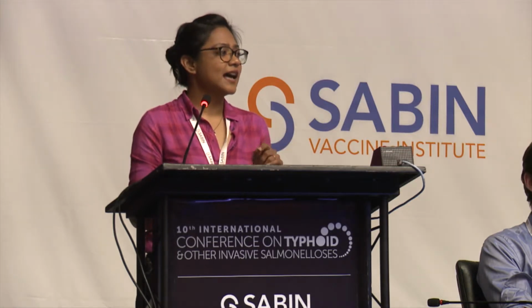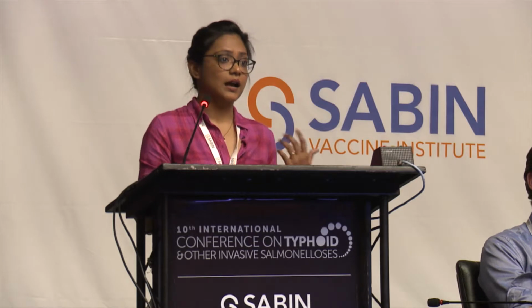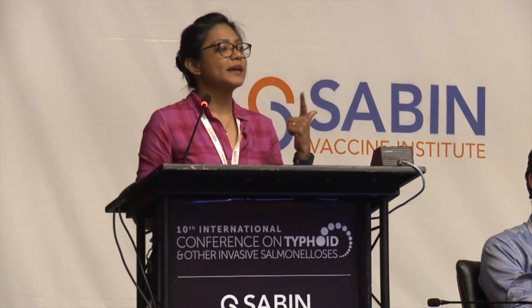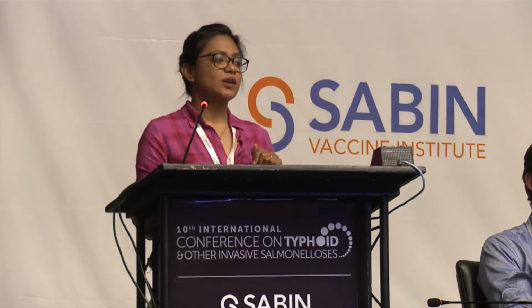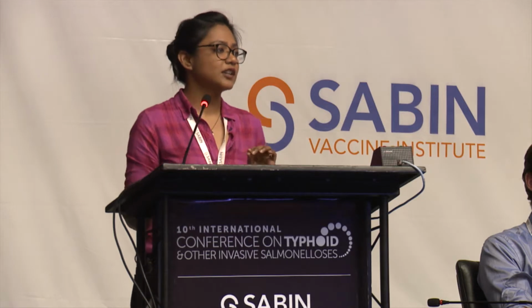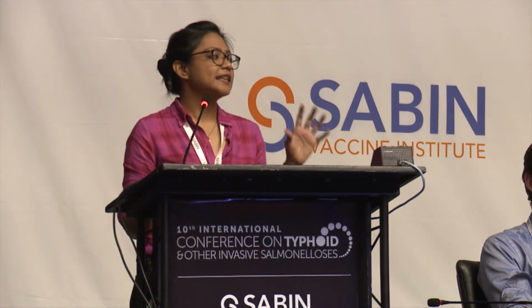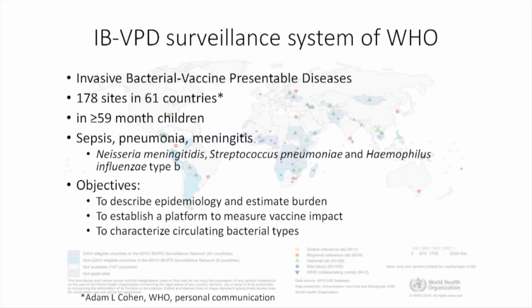Now, having said that, WHO runs a global surveillance network called the Invasive Bacterial Vaccine Preventable Disease Surveillance Network, or IB-VPD. The network is run in 61 different countries, consisting of 178 sites, and it specifically probes for meningitis, sepsis, and pneumonia in under-5 children, collecting data on meningococcus, pneumococcus, and Hib.